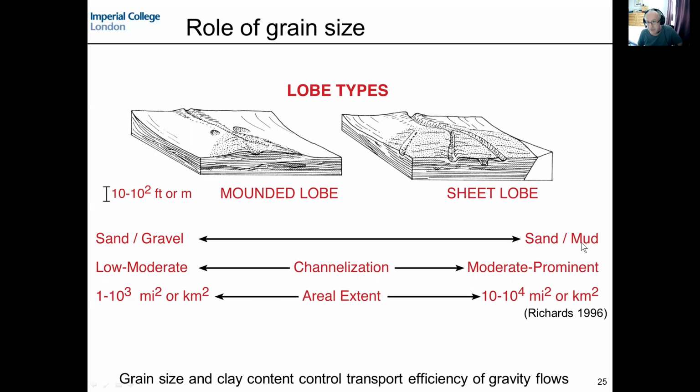In contrast, in muddy systems or systems characterized by a mixture of sand and mud, those lobes tend to be wider, they cover larger areas, and they have a lower relief. So these look more like sheet-like features than mounds.